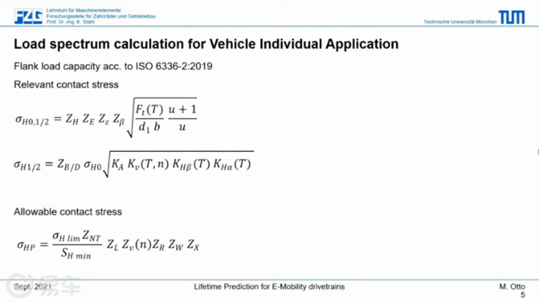So we have contact stress sigma H0 for gear 1 or 2, which is determined by multiplying factors ZH, ZE, Z epsilon, Z beta, that generally transport information on geometry and material of the gears. And then a square root term is multiplied on it, which includes the term Ft, which is the transverse force in the gear mesh, and some additional terms based on gear geometry.